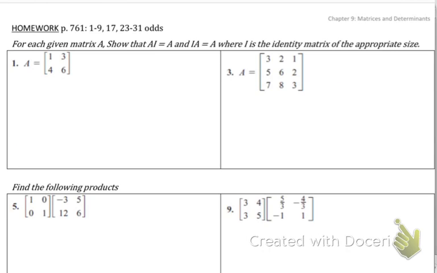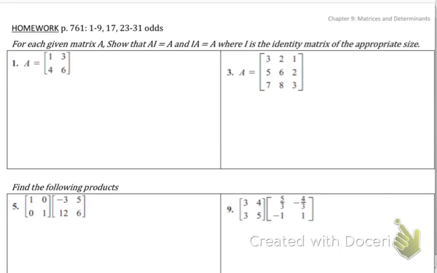Okay, real quick. If we look at 1 and 3, notice it says make sure that A times I equals A, and I times A equals A as well. I is the identity. It's not the inverse. Inverse is A to the negative 1.